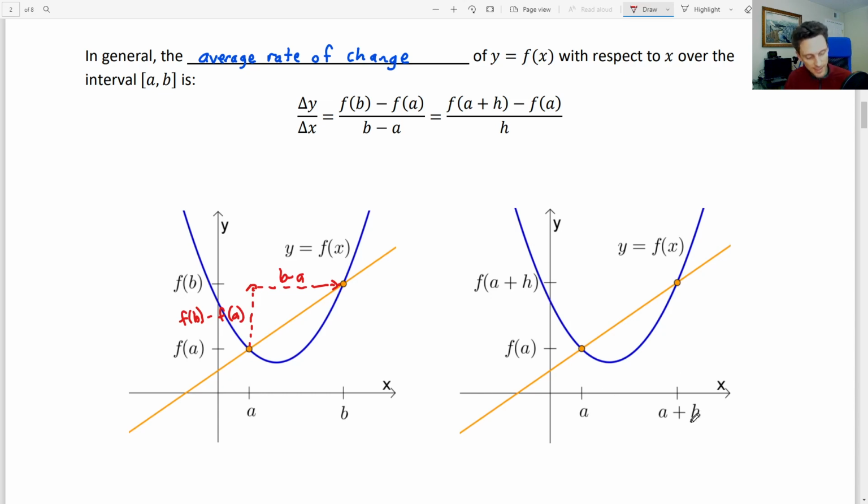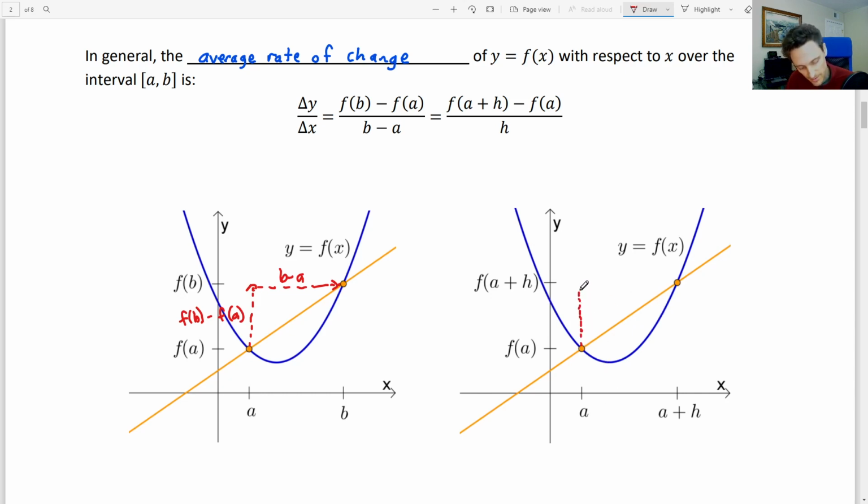So it's convenient to have a single variable representing that, because to make this interval shrink to 0, you can let h approach 0. So you can take the limit as h approaches 0, as we'll see in a second. So this is just another way of representing the same idea.